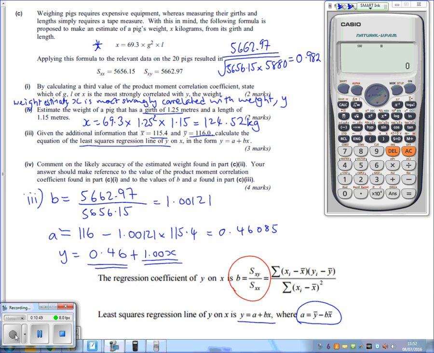So if we go to question part 4, comment on the likely accuracy of the estimated weight found, making reference to the value of the product moment correlation coefficient. So our product moment correlation coefficient was 0.982.